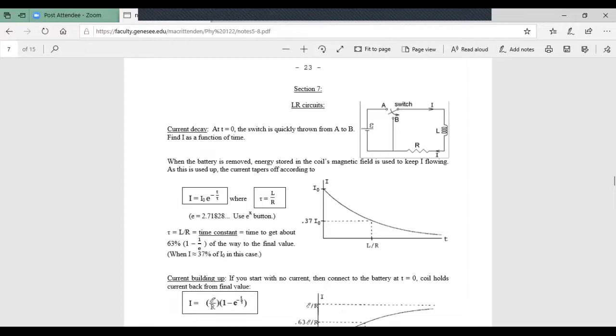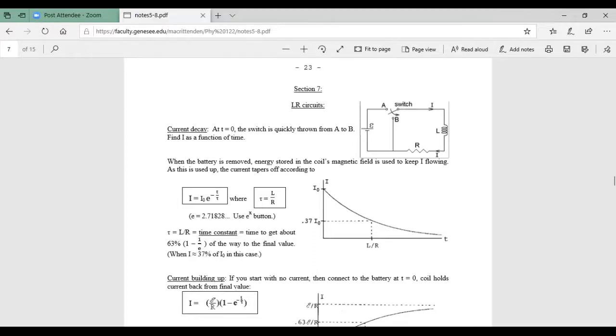When you draw a picture of it, it looks like this. You have an asymptote over here. As time becomes very large, the curve gets closer and closer to the horizontal axis, but it never quite touches it. So from a mathematician's point of view, the current never reaches 0.